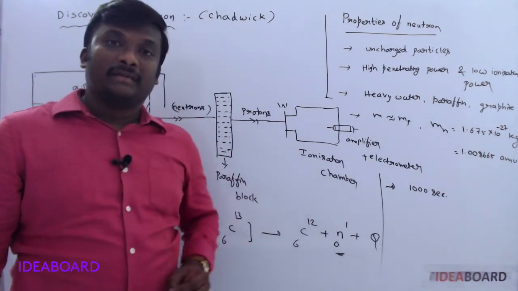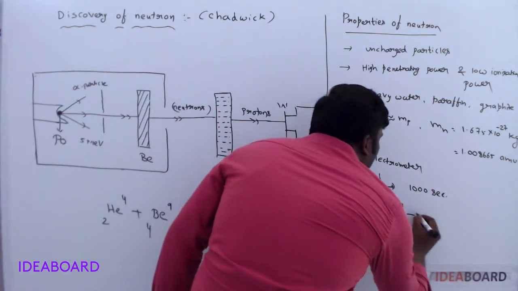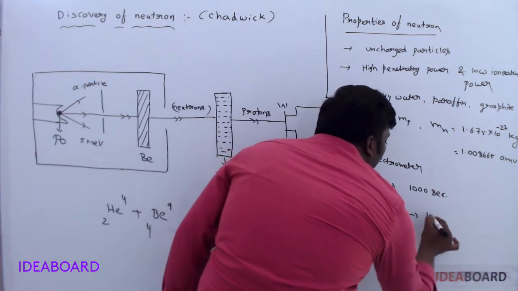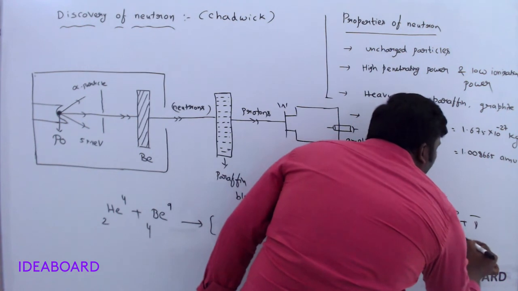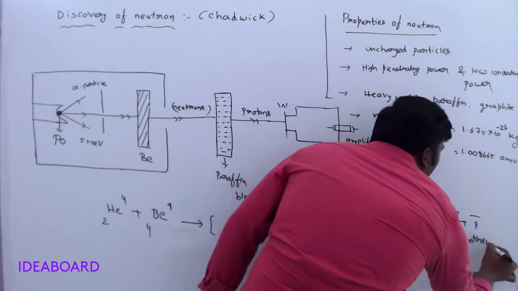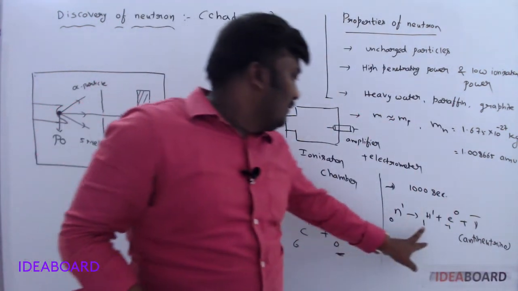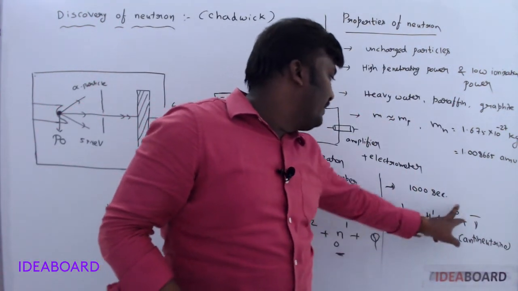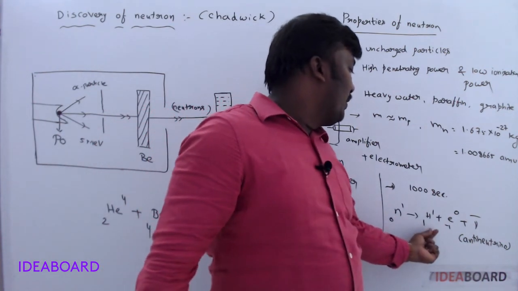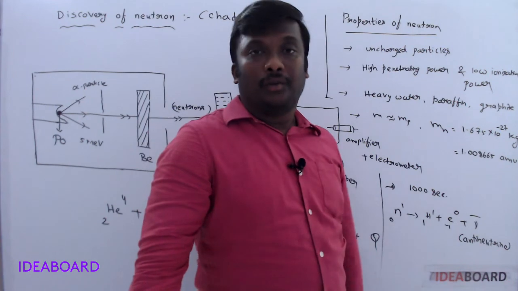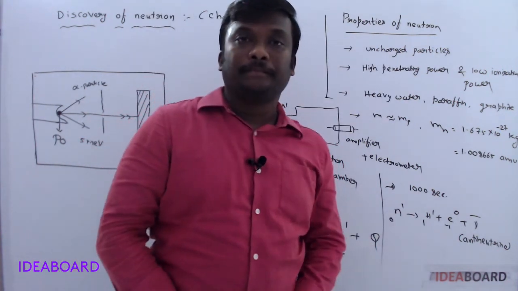After that, it dies. So n 1, 0 generally splits into proton, electron, and antineutrino. Okay, 1 equals 1 plus 0, and 0 equals minus 1 plus 1, so the equation is satisfied. So neutron splits into proton, electron, and antineutrino. These are the properties of the neutron.